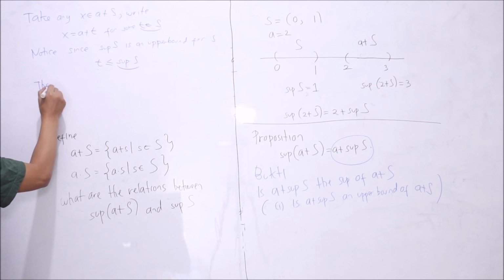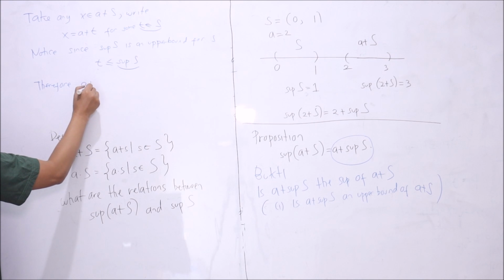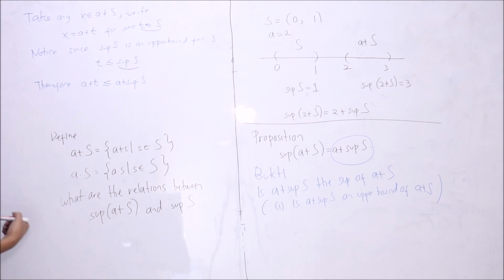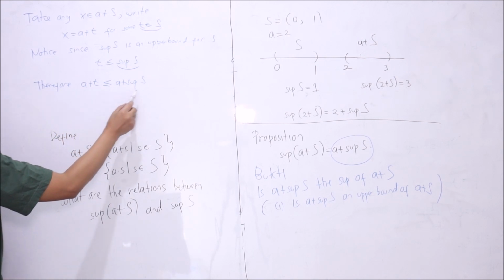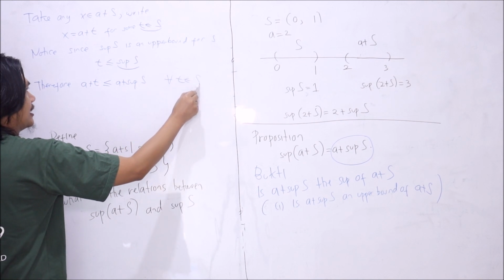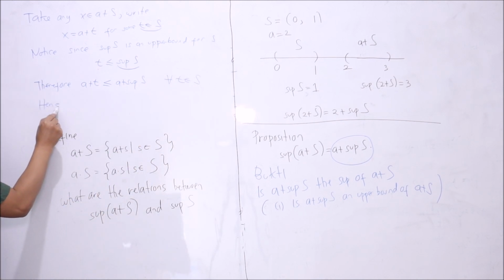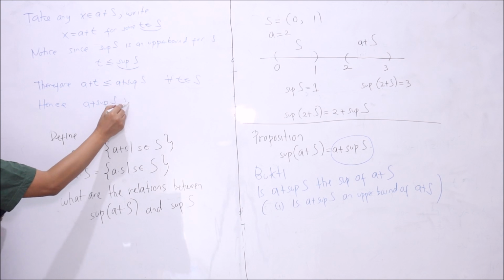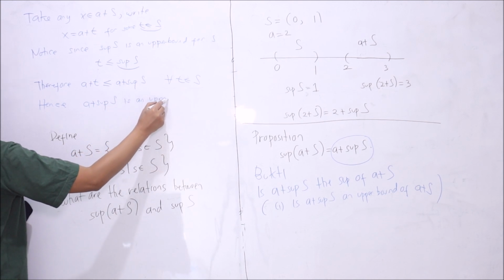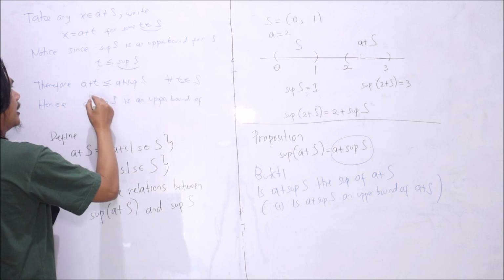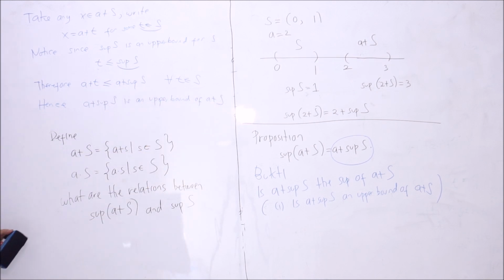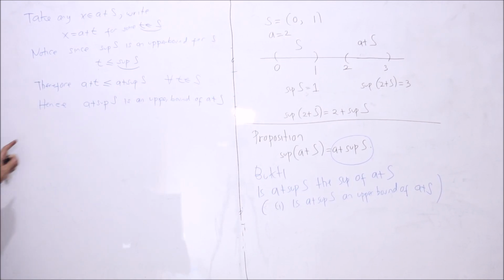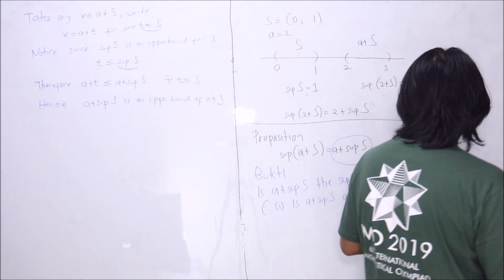Therefore, A plus t is less or equal to A plus sup S. And this works for every t in S. Hence, A plus sup S is an upper bound of A plus S. So we already verified that A plus sup S is indeed an upper bound of A plus S.